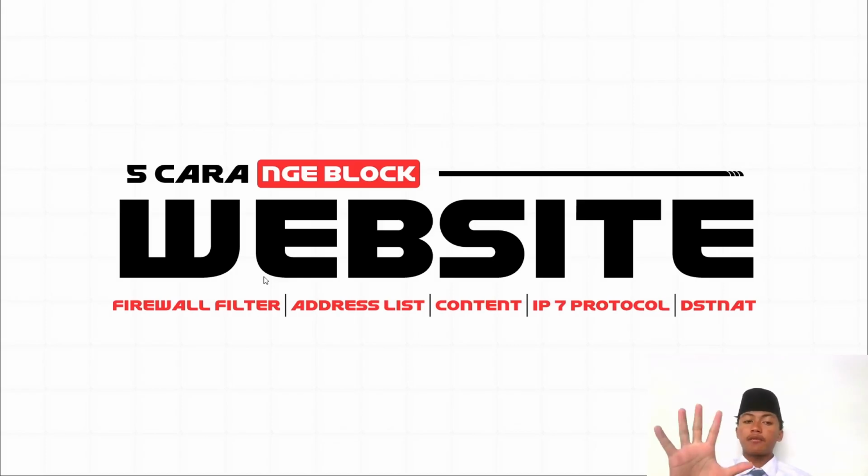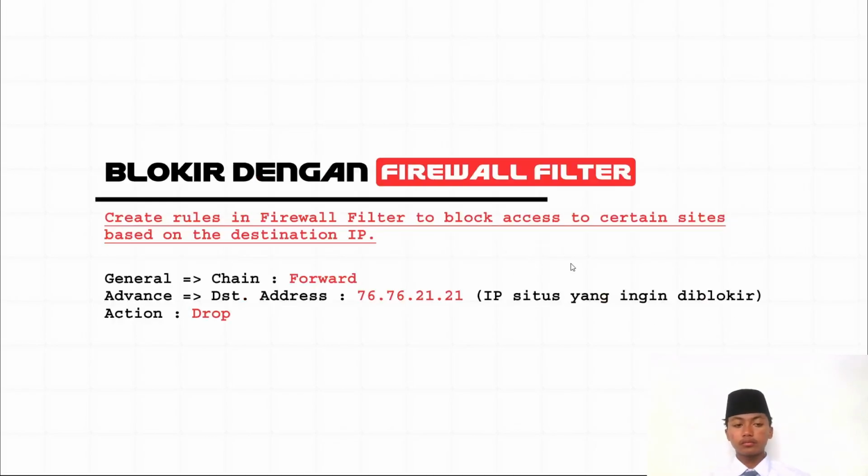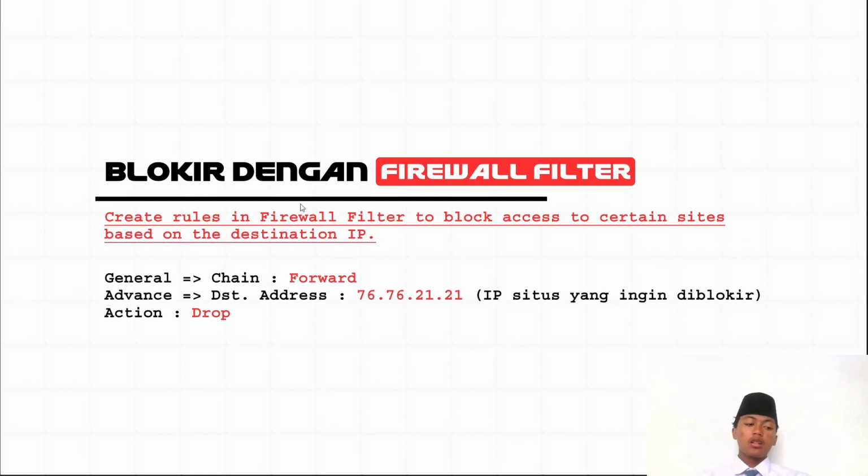Here there are five ways to block a website using firewall: firewall filter, address list, content, IP7 protocol, and destination. Firstly, we can drop with firewall filter.